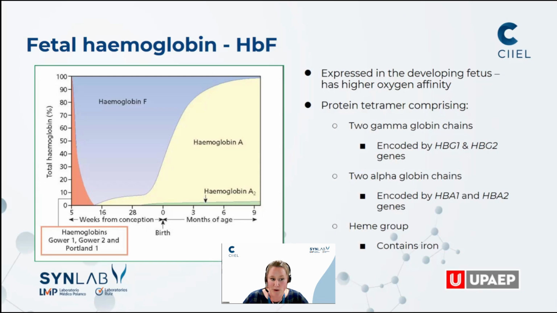And then when the baby is born, this process called hemoglobin switching occurs, where the expression of your gamma globin chains is gradually reduced, and the expression of your beta globin chains is increased. So after birth, you get this gradual increase in the production of hemoglobin A, adult hemoglobin, and a decrease in the production of hemoglobin F. And then by the time you're about 9 months old, you are predominantly expressing hemoglobin A, adult hemoglobin.